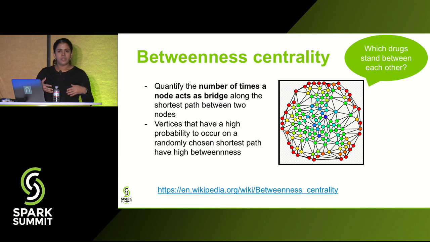Finding some issues with that drug, or finding a cure or a reaction to it, has implications for other drugs. Vertices that have a high probability of occurring on a randomly chosen shortest path have high betweenness. Like you can see in the figure, the ones in red don't really act as a bridge between two other nodes, but as you go closer, the green and the blue ones are very strong in betweenness.